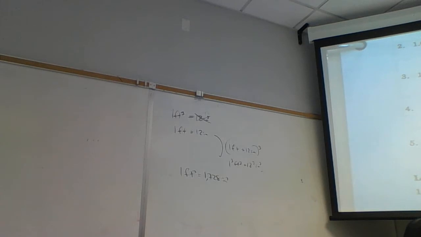So there are 12 inches in a foot, and then I have to cube it. But so I have inches on the bottom. Eventually I want to have liters on the bottom. Got to get rid of inches.